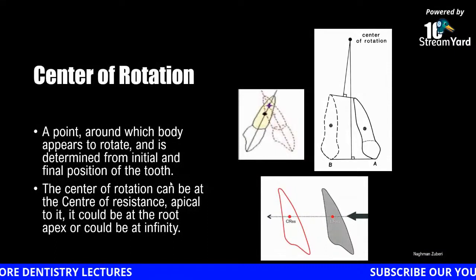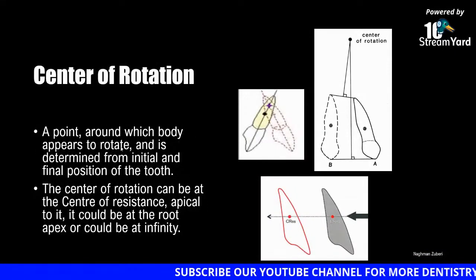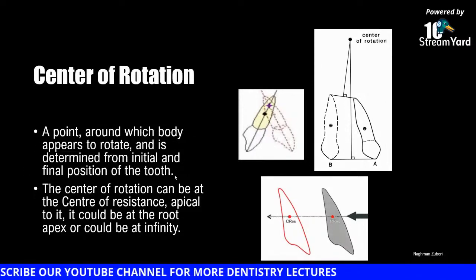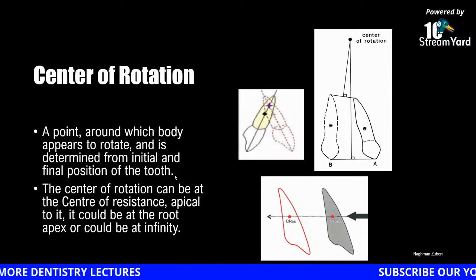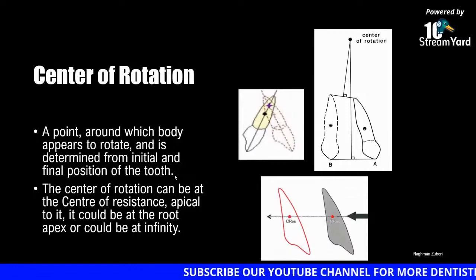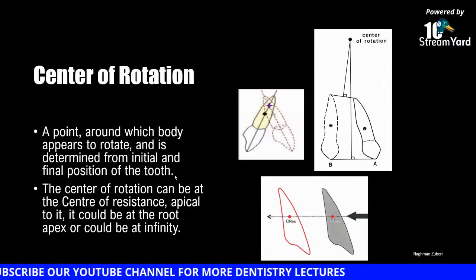Then comes the center of rotation. It is a point around which the body appears to rotate and is determined from the initial and final position of the tooth. To understand that, take the desk in front of you: if you apply some force on one side, it is going to slightly revolve.